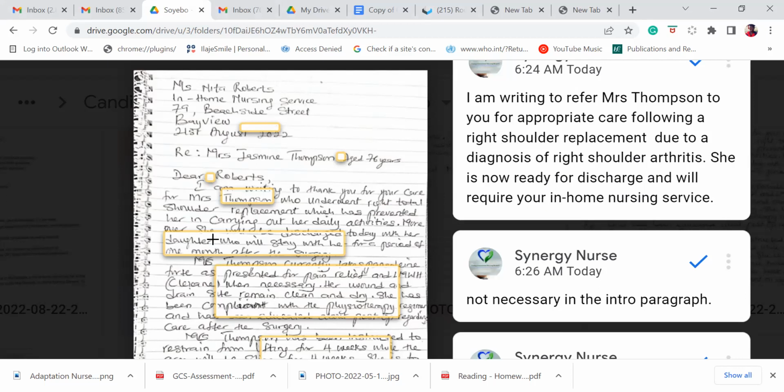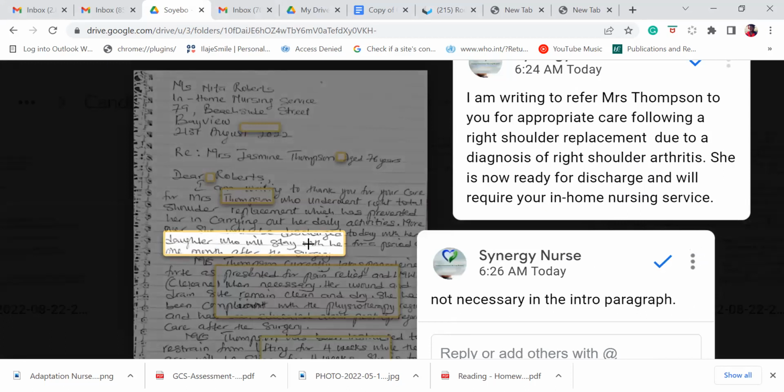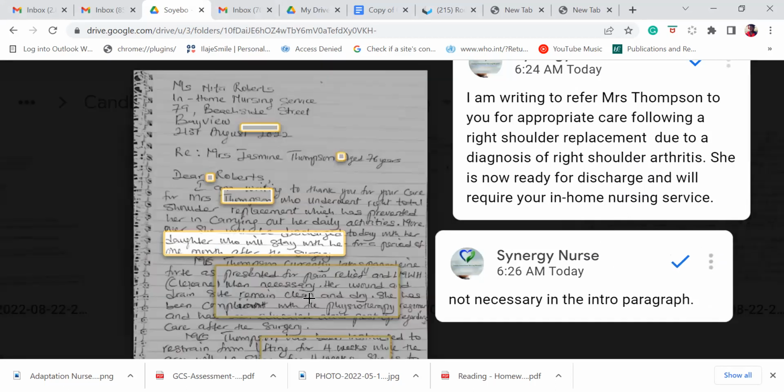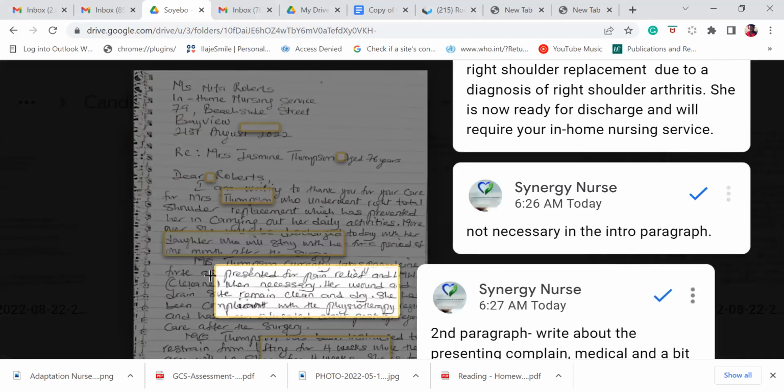All right. You can remove this part about the daughter, it is not necessary. You can take it out from here. It could be part of the discharge plan in the later paragraph. So talking about this second paragraph now.